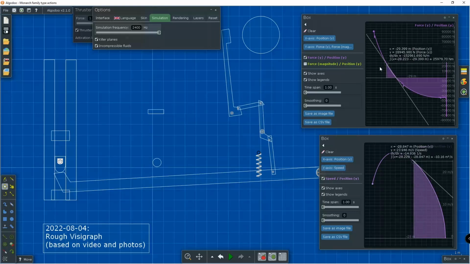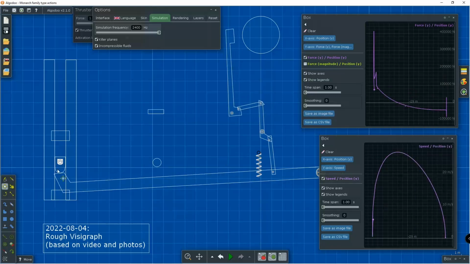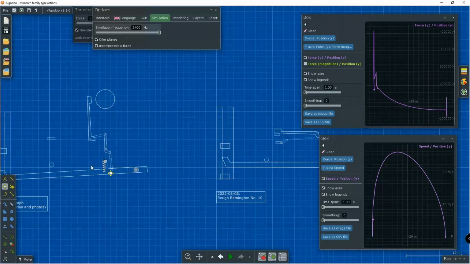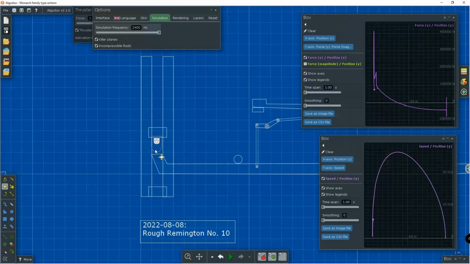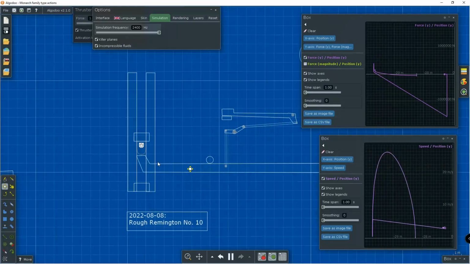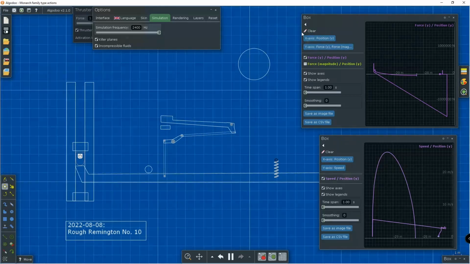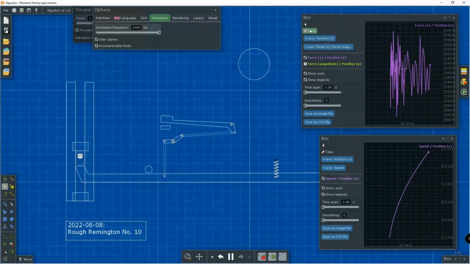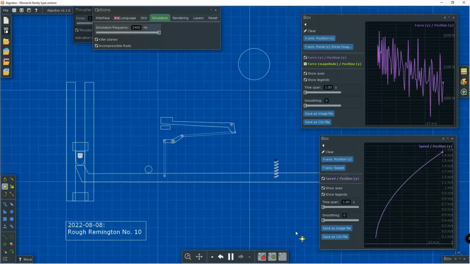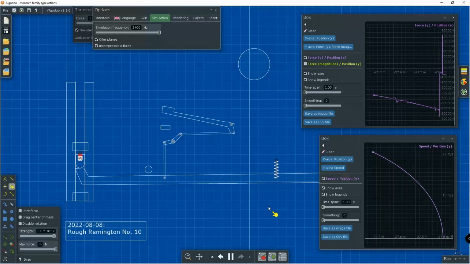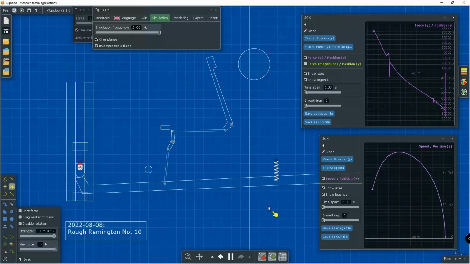Well, in this case, technically, a lot smoother of an increase. Then we have the Remington number 10, which so happens to have one of the most linear of these force curves, as you can see here.